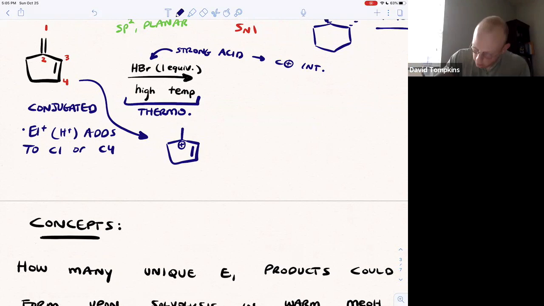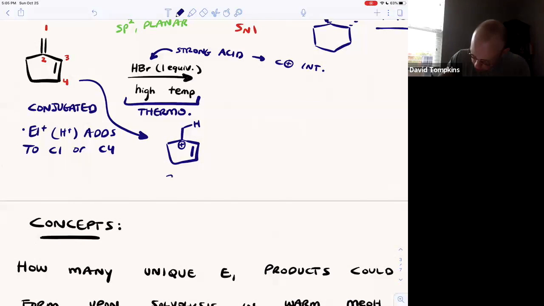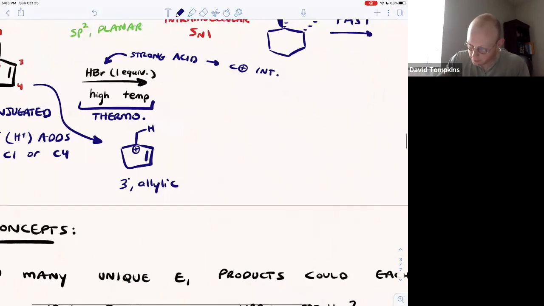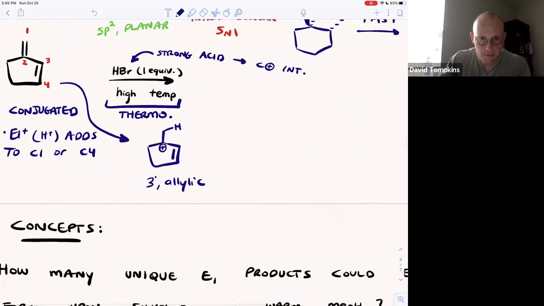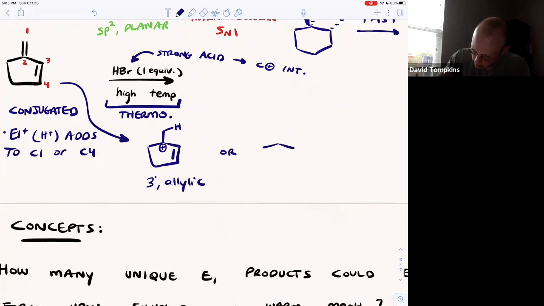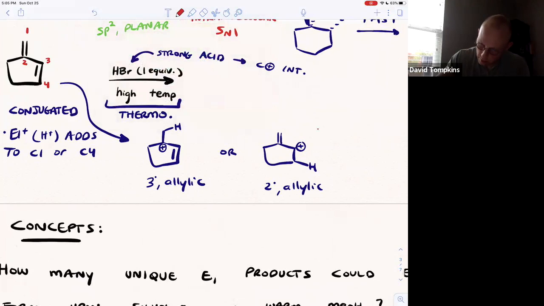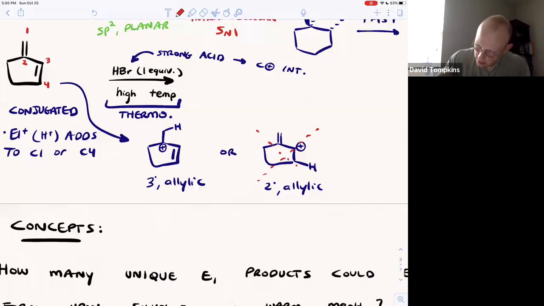So if you protonate C1, then you get a tertiary allylic carbocation. Okay. If you protonated C4, then you would get a secondary allylic carbocation. And we know that tertiary carbocations are more stable. So this one does not form as fast.